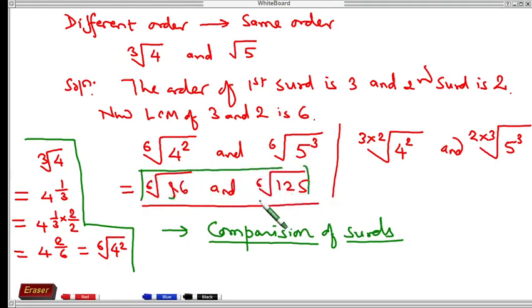If they have the same order and the rational number, the number inside the radical sign, is greater, that surd is greater. 16 and 125, 125 is more, so 6th root of 16 is smaller than 6th root of 125, because the order is the same, and whichever has the larger number inside is greater.